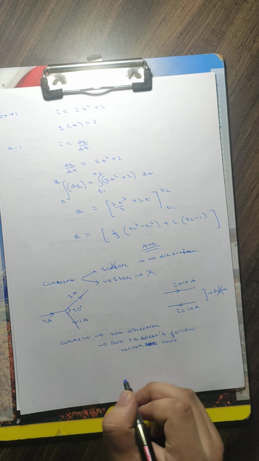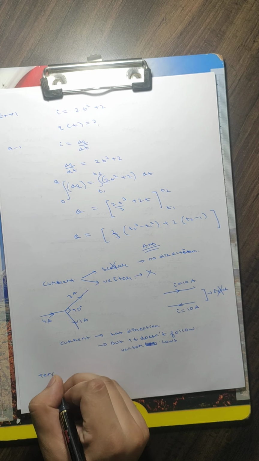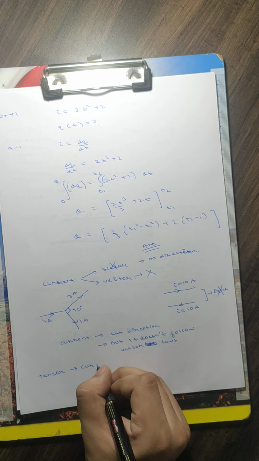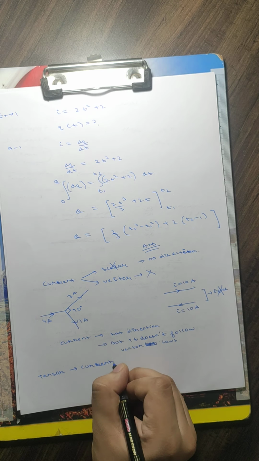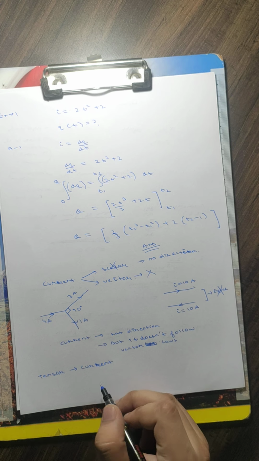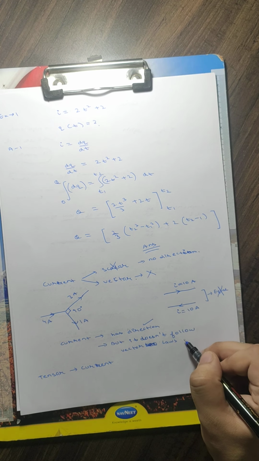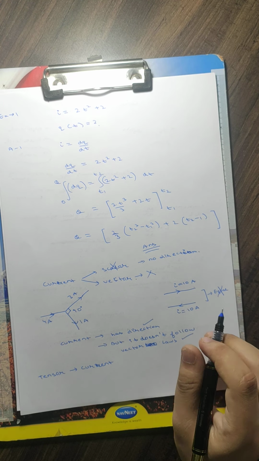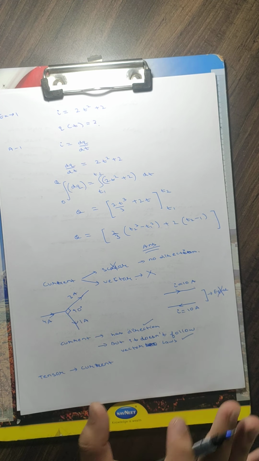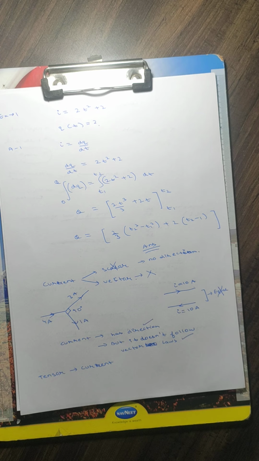Then what is it? We are going to introduce a new quantity, tensor. Current is a tensor quantity. What is a tensor quantity? As you know, a tensor quantity is a quantity which has a direction, but it doesn't follow vector laws. Okay, so current is not a scalar and not a vector. Current is a tensor quantity. Okay. This is all about the introduction of the current.